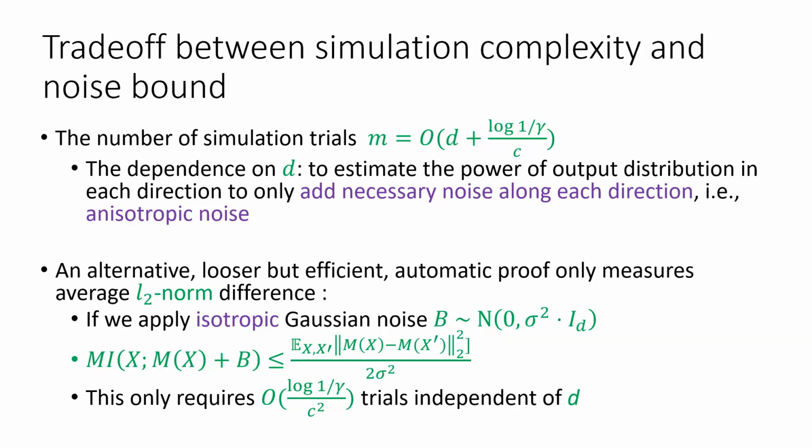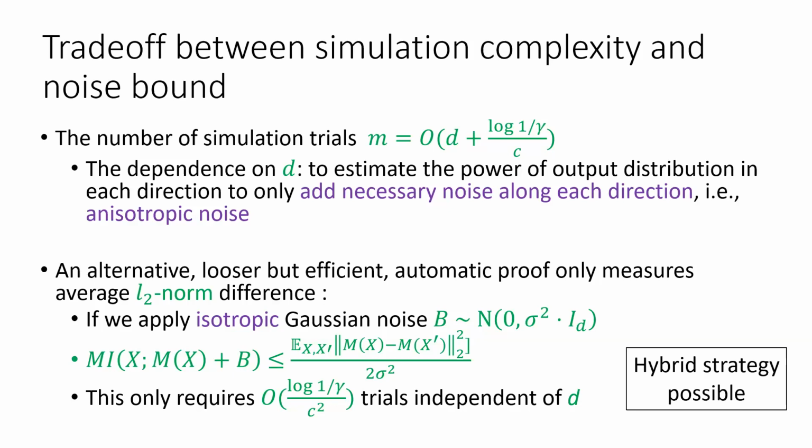For example, you can use a larger noise to compensate for a more restricted simulation budget, or for an even higher confidence bound. Alternatively, you can use some looser but efficient estimation. If you only focus on some L2 norm, your estimation is simpler, and you only need O(1) time complexity. But as a trade-off, you still need to pay for a larger noise because your noise estimation is looser.